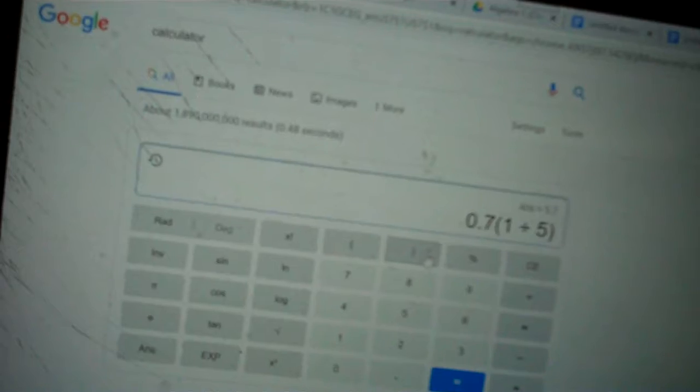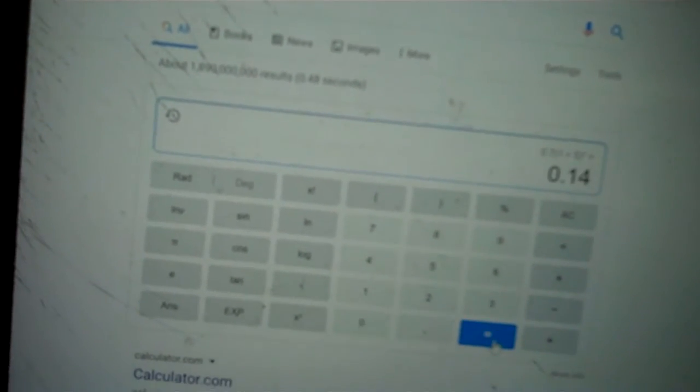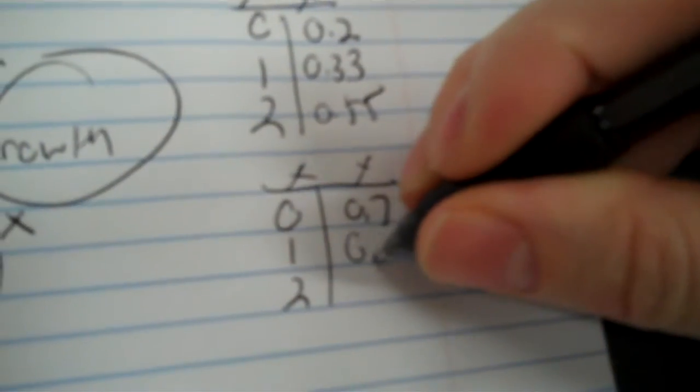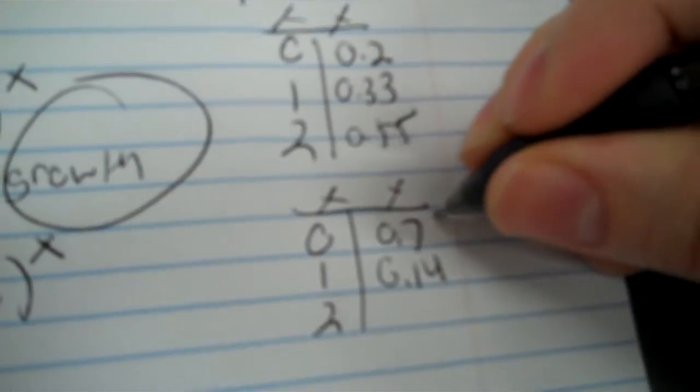Okay, 0.7. Okay, 0.7 parentheses 1 divided by 5 to the power of 1. It's going to be 0.14. Also, that'd be 0.70 if you want to put decimals there, so you can develop kind of the number sense there.